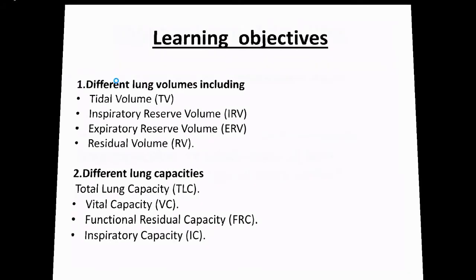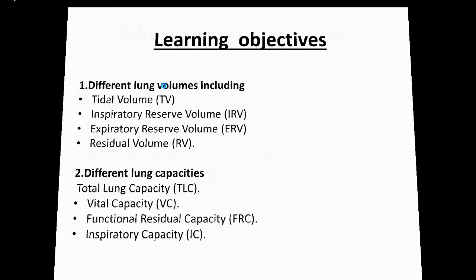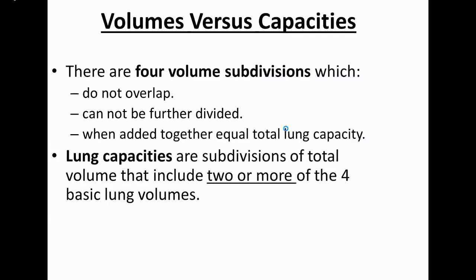There are 4 volumes, subdivisions, and there are 4 lung capacities, and we will see that the lung volumes do not overlap each other. Together, we can get the total lung capacity.